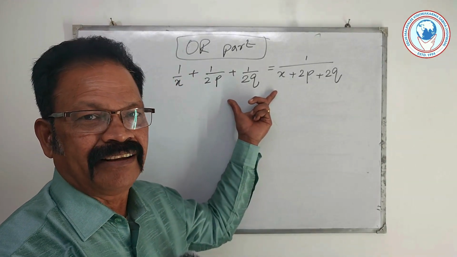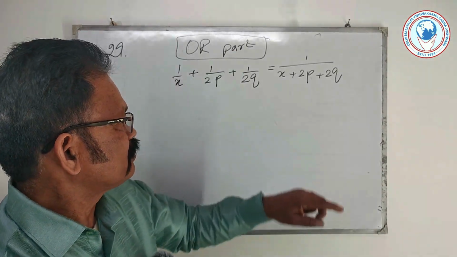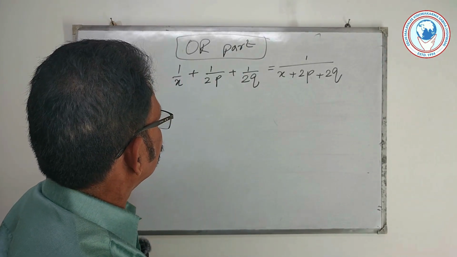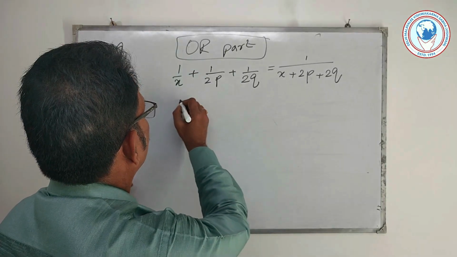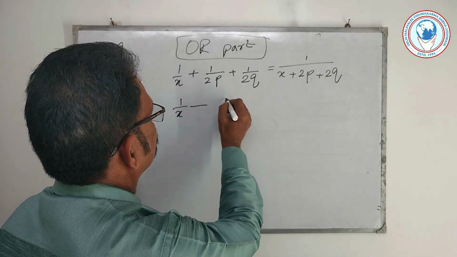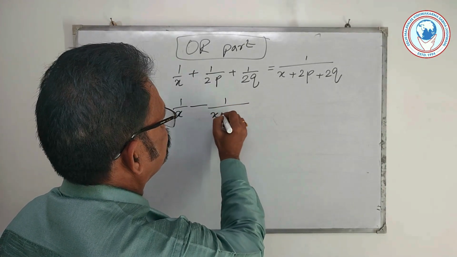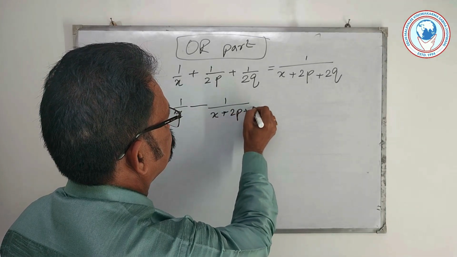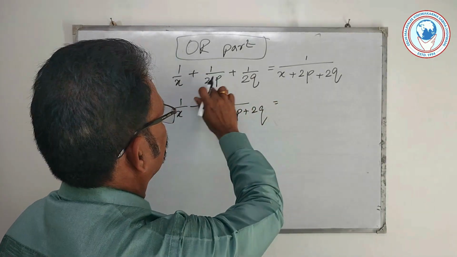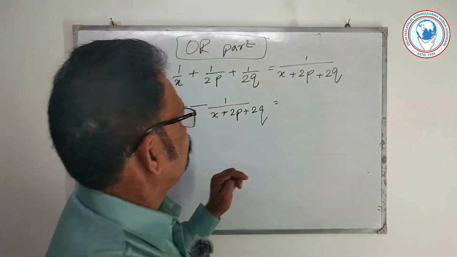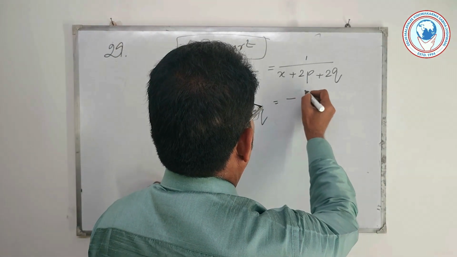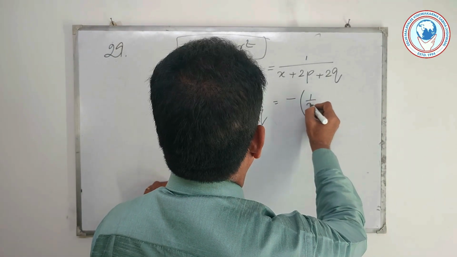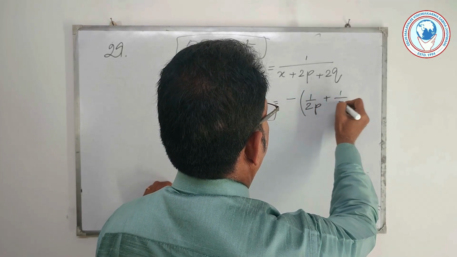Taking the terms containing x on one side and the other terms on the other side, we get 1 by x minus 1 by x plus 2p plus 2q equal to, all these two terms will go to the right side, that is minus of 1 by 2p plus 1 by 2q.